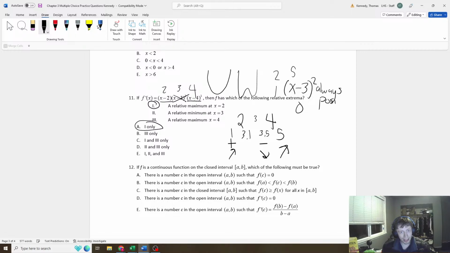And so that means it never impacts the sign of our questions. So across that point, it does not change sign in its value. The derivative is 0 at that point, but it doesn't change sign. And so that picked me up there.